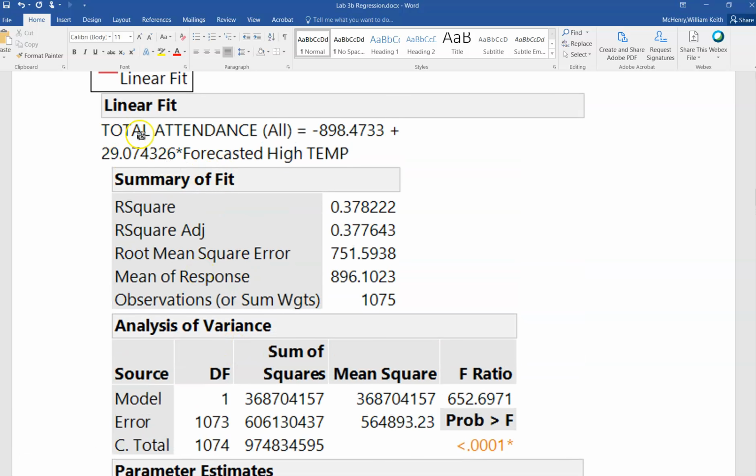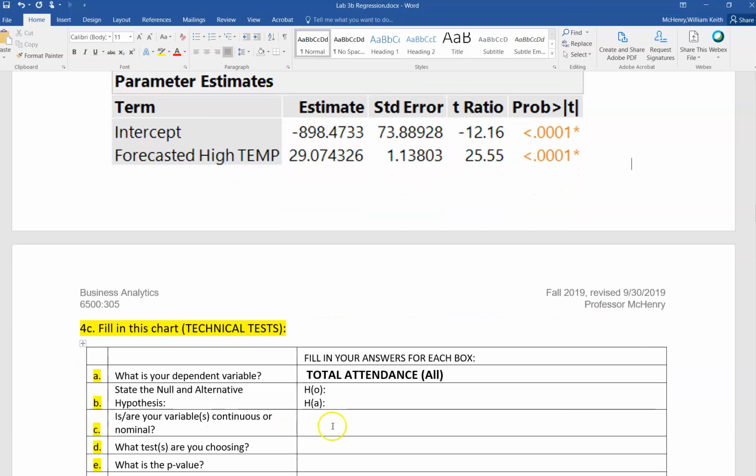So this is our equation: total attendance equals an intercept plus B1 times X1, and the null hypothesis is that this coefficient would be equal to 0. So we would write in that H0 is that B1 equals 0 and HA is that B1 does not equal 0.